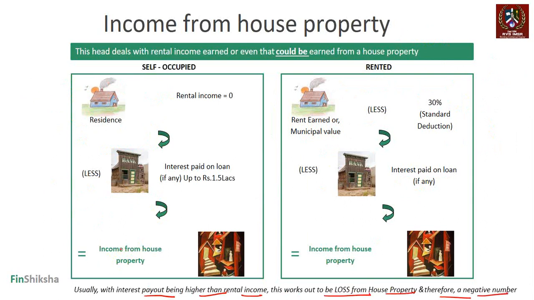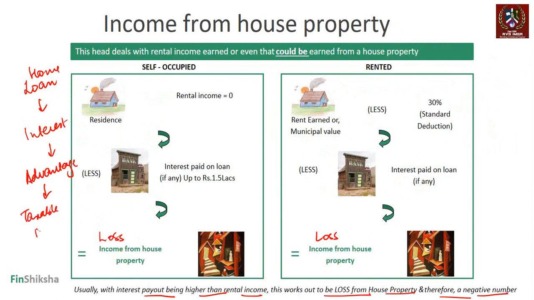So in most cases, if you have a home that you have purchased using a home loan, the interest component will ensure that rather than income, you have a loss from house property. When you have a loss from house property, you typically have an advantage because your taxable income actually goes down. Your taxable income goes down, right?